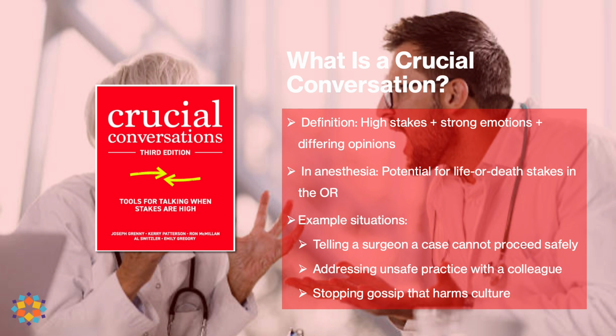But ultimately, there are times when a case simply cannot proceed safely. Those moments are the most challenging because the surgeon may feel we're creating a roadblock to surgery and their revenue. That's why our intent must always be clear. We are not opposing them. We are protecting the patient. When we communicate from a place of collaboration and shared purpose, even a hard no can be respected.